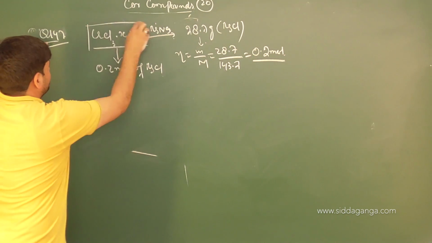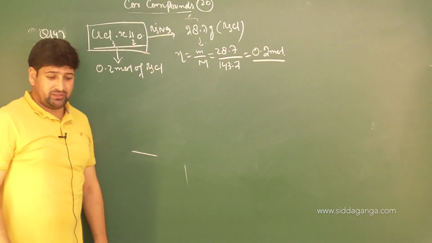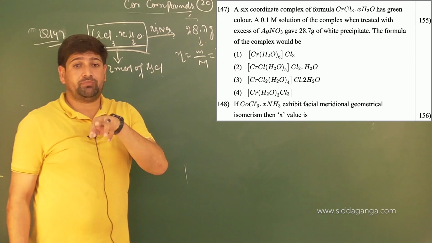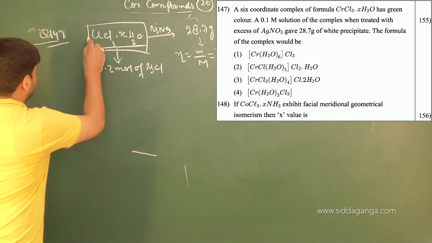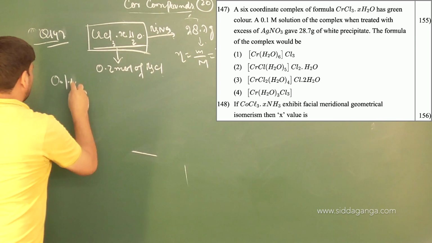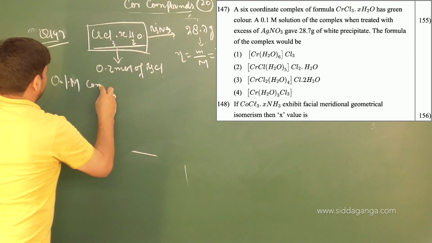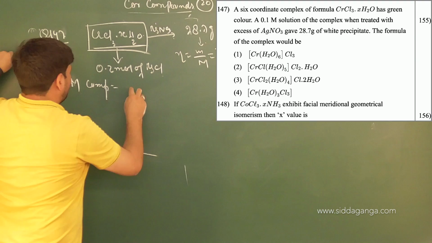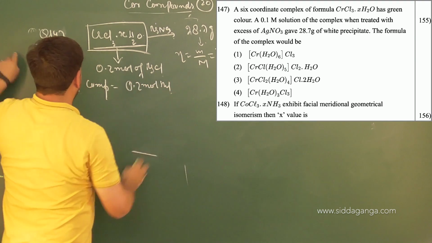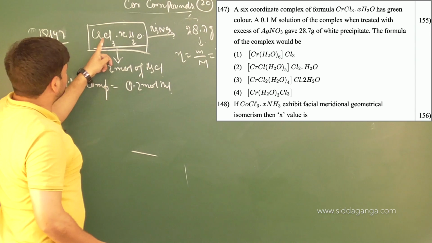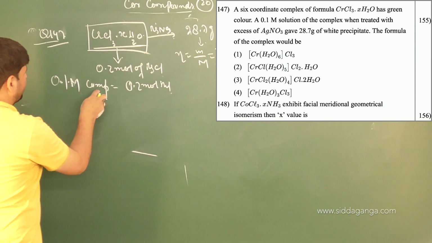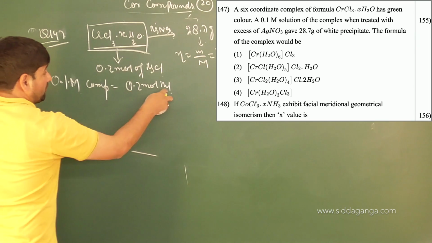But what is the molar concentration of this given in the question? Tell me the question given here, children. 0.1 molar solution of complex. So 0.1 molar solution of complex has given you what? 0.2 moles of AgCl. That means the number of moles of chlorine replaceable are how many? 2. How? So 0.1 molar complex giving you 0.2 mole.